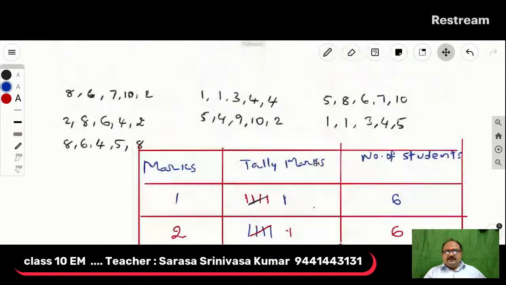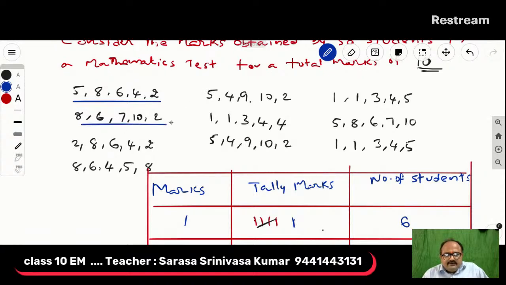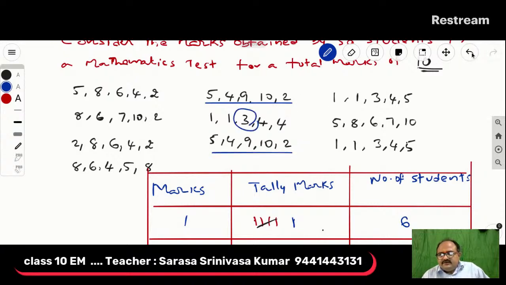We will see how many students are there. In the first row, no student. Second line, no. Third, no. Fourth, no. So in this line, no such student. Here is only 1 student.